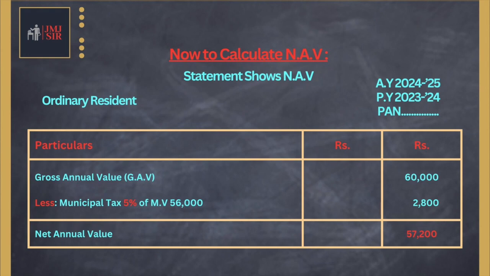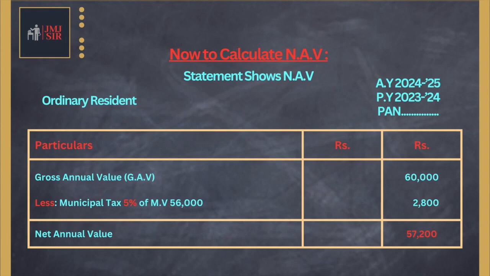Let us now calculate net annual value. As usual, the statement is to be prepared. On the left hand side at the top of the statement, the residential status of an individual. At the center, the statement shows net annual value.